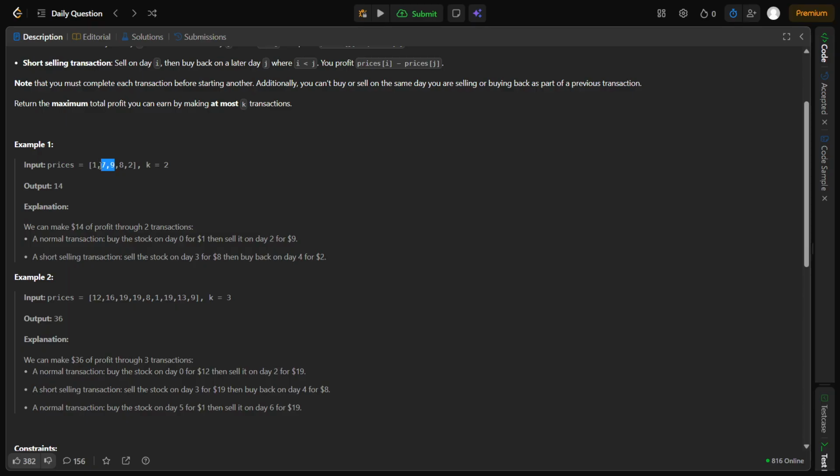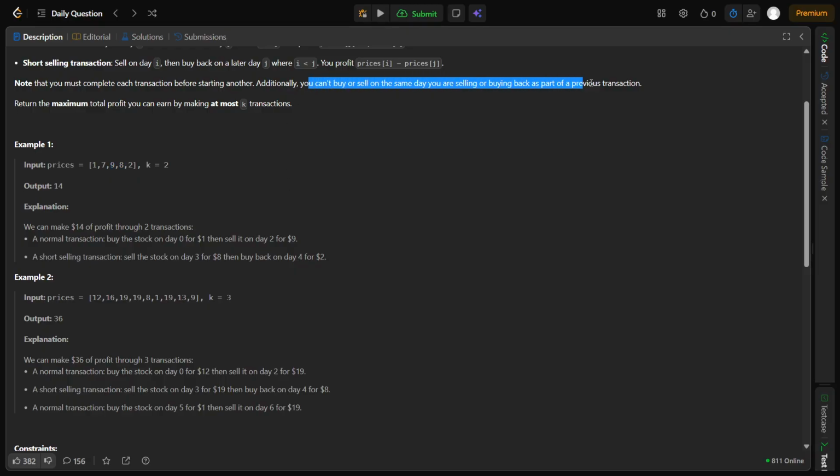So we made $8 here. But now we cannot start our short selling transaction on the third day itself. We have to move to the fourth day, at index 3, and then we can make the short selling transaction. If we would have made the short selling transaction on the third day and bought it back on the last day, we would have made a profit of $7. So 8 plus 7, 15 would be the answer.